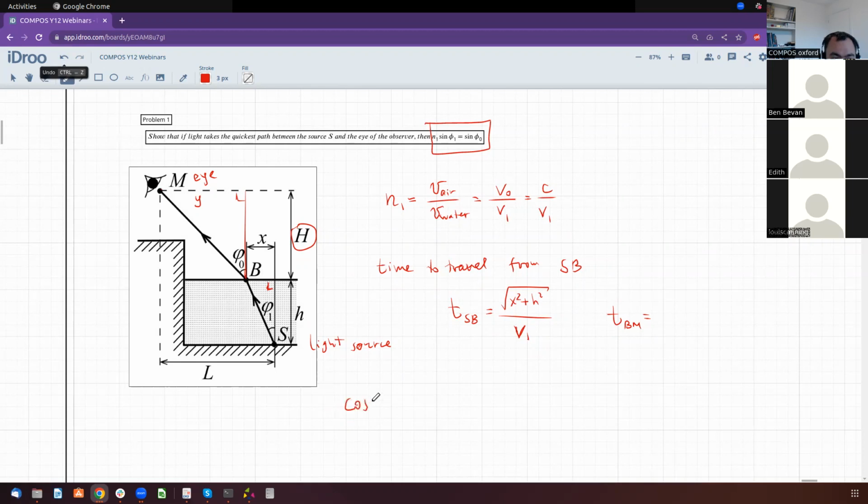Cos phi 0 is H divided by BM. In other words, BM is H over cos phi 0.